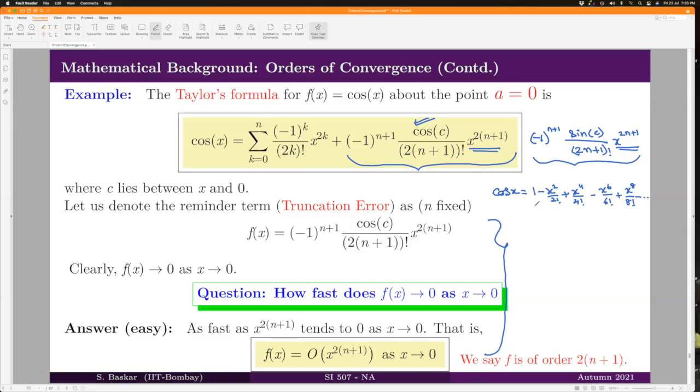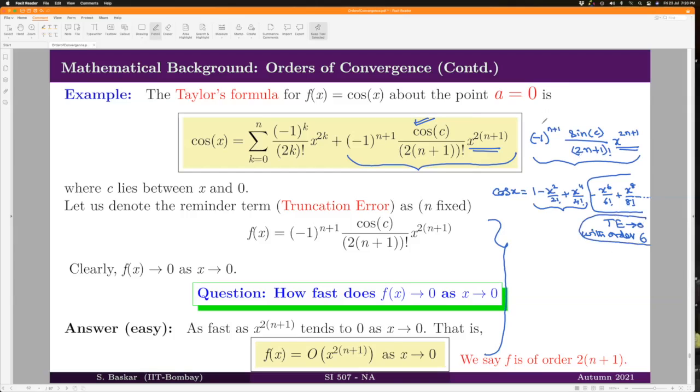And in the approximation of cos x by the fourth degree Taylor polynomial, what we have actually neglected as the truncation error is going to 0 with order 6, right? As x tends to 0. That is happening actually in the formula.